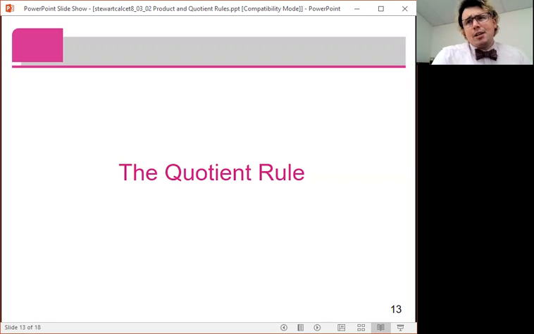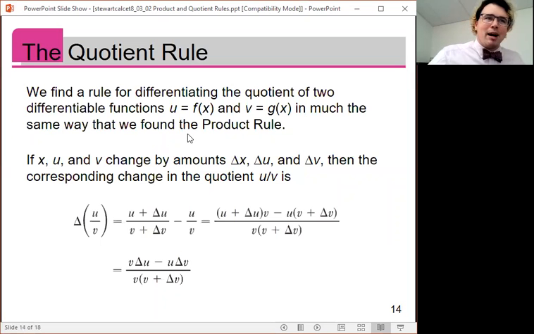It was pretty easy to go from the sum of two different functions to the difference of two different functions. Adding and subtracting are just opposites. So next stop is going to be the quotient of two different functions. What happens if I take the derivative of a function f divided by a function g?